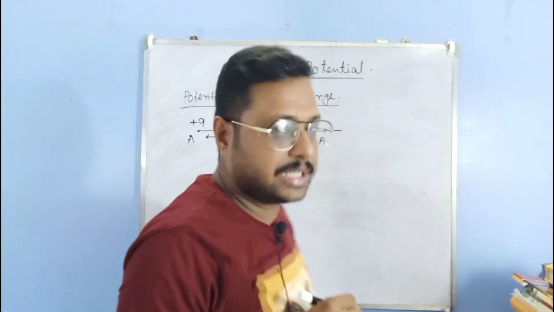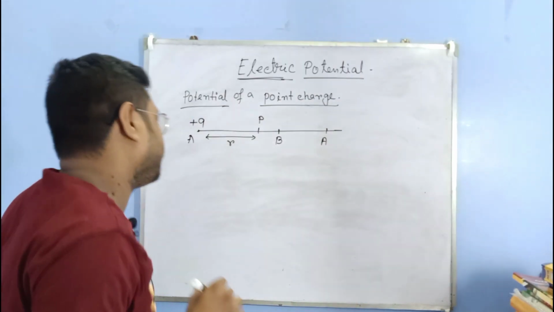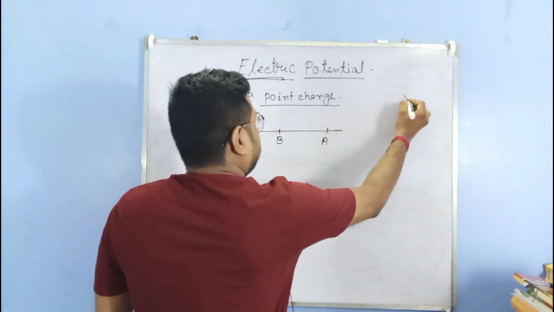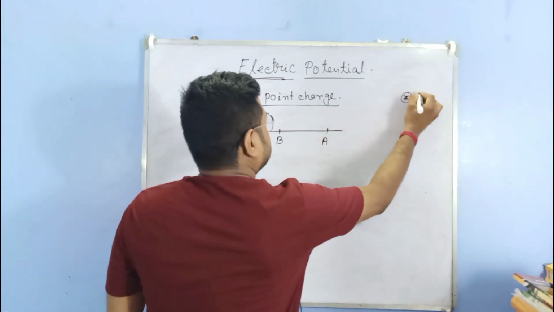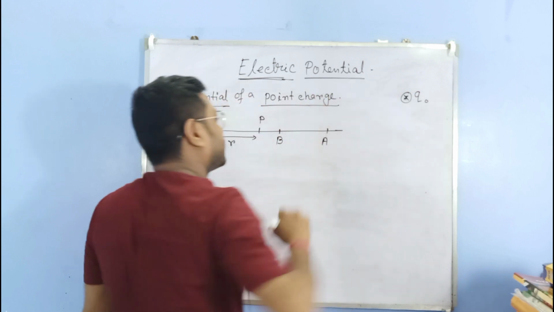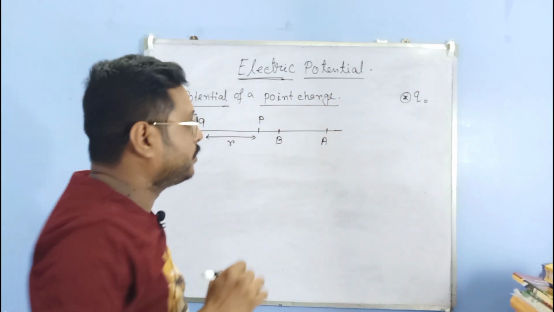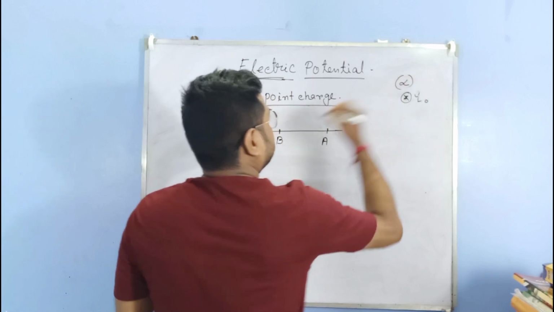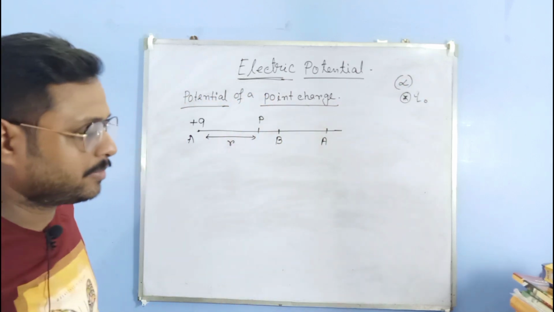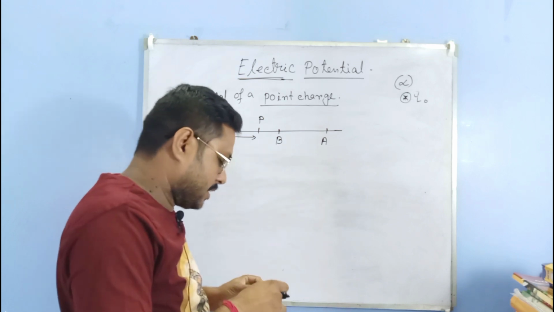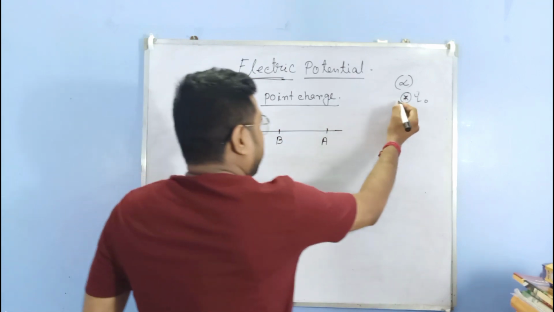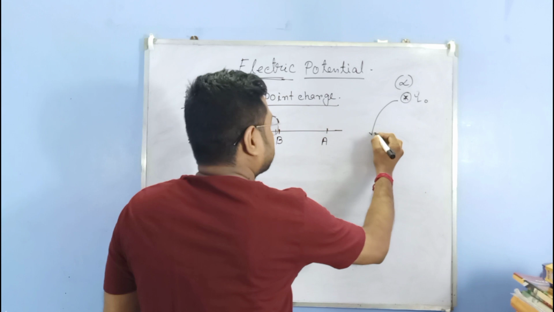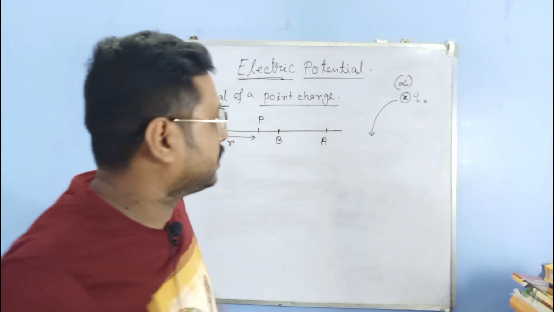Now what is potential? According to the definition, a unit positive test charge, suppose Q0 test charge, which is situated at infinity, at infinite position or very wide separation. We have to take it, it does not come of its own.